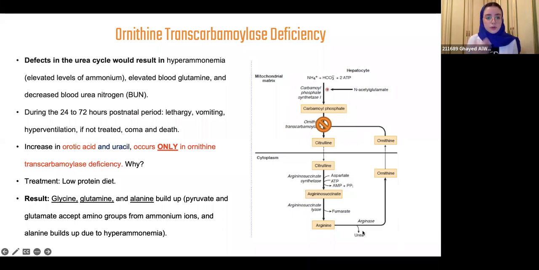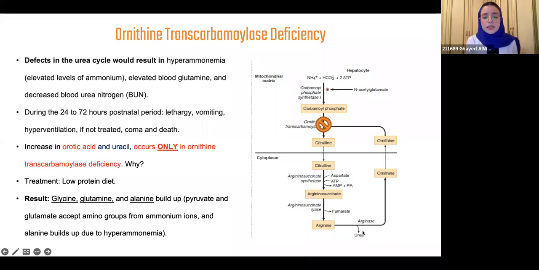So let's say I have a meal that's high in protein, right? It's going to go through my digestive system and be broken down into amino acids, but it'll also cause an increased level of ammonia. Usually, if a person has no genetic deficiency of the urea cycle, then the urea cycle can get rid of all this ammonia and excrete it in the form of urea, so you're fine.